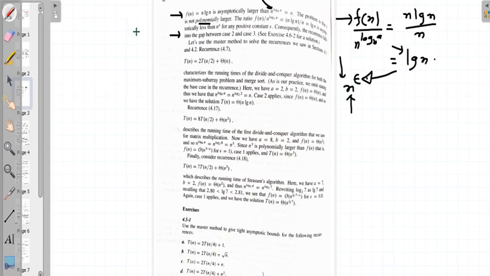That's why case 3 we cannot apply here, none of cases 1 to 3 can be applied in this recurrence, and it cannot be solved by using the master theorem.